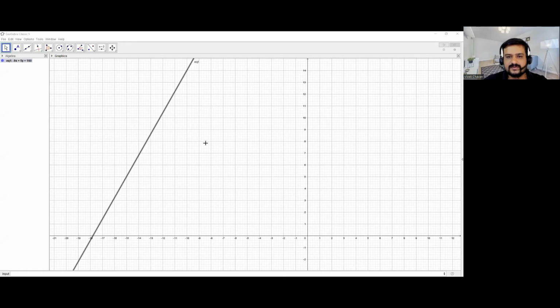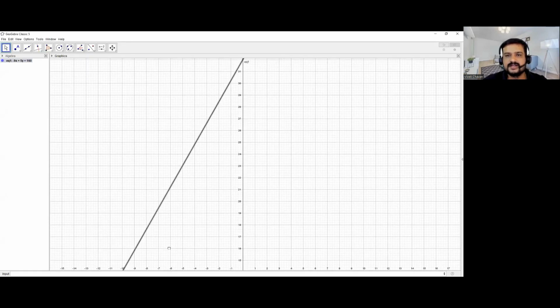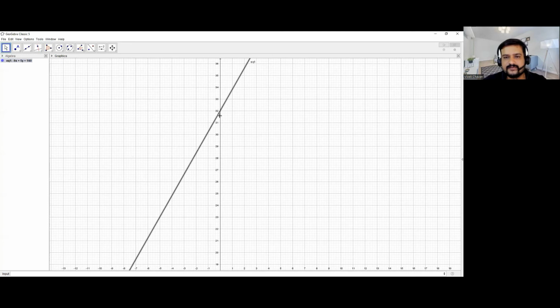Okay, so like that you will get the graph. Minus 9x plus 5y is equal to 160. Okay, see here it is cutting the y-axis. At which point?